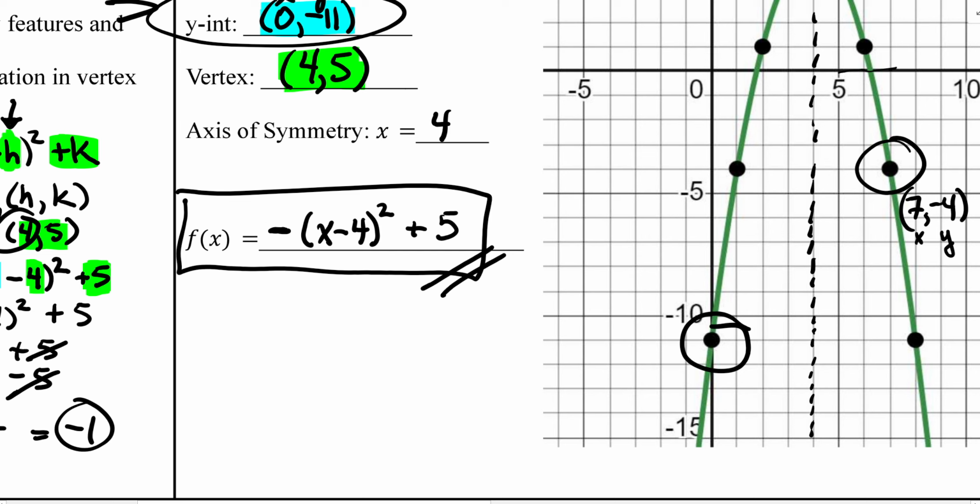And you plugged those values in here, 7 in here, and negative 4 in here for y. Both sides should be equal because that point is a solution of this equation. So you can verify if you've got the right equation by checking any point on there and seeing if it makes it a true statement.